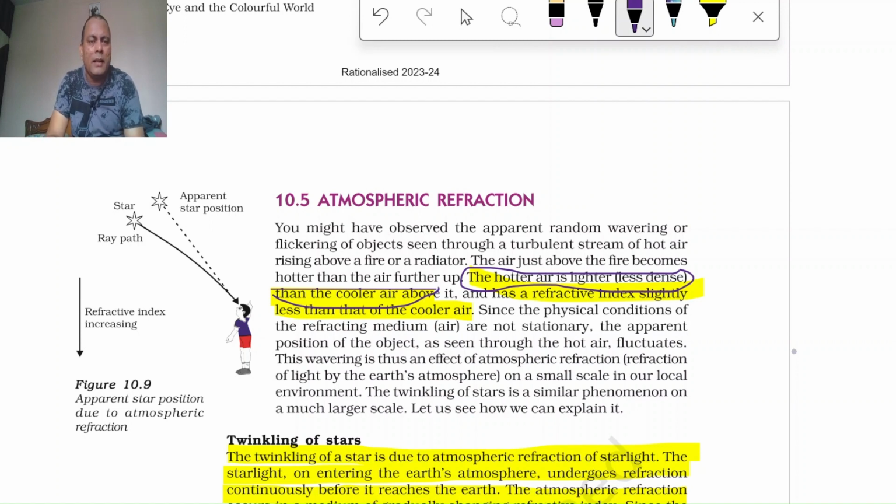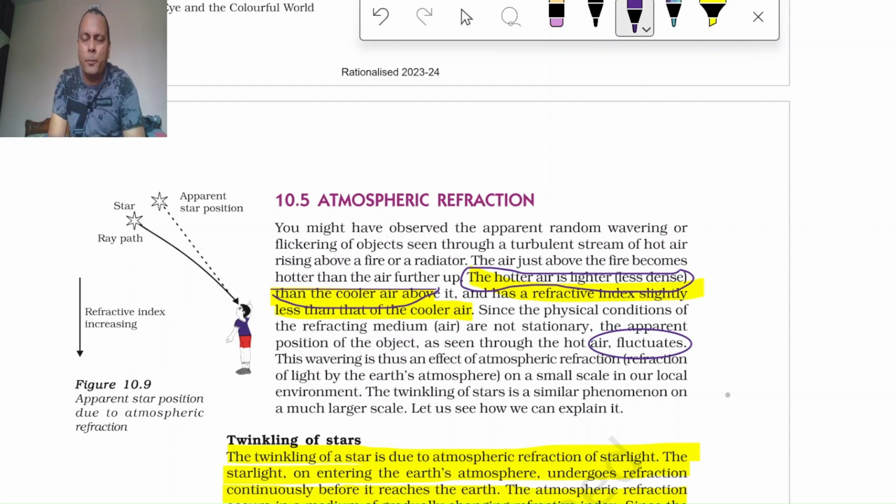Since the physical conditions of the refracting medium are not stationary, because there are a few parts of hotter air and a few parts of cooler air, the apparent position of the object swings and fluctuates through the hot air. So you may understand my point.